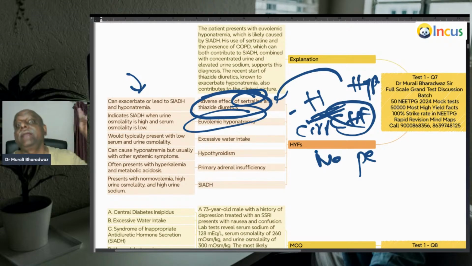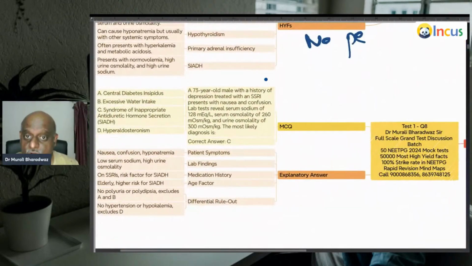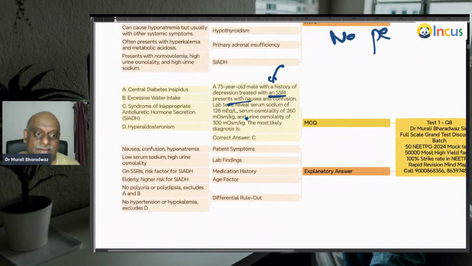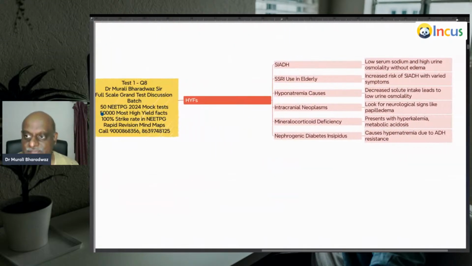In a euvolemic individual, hyponatremia is SIADH, is what you need to remember. A 73-year-old with a history of depression treated with SSRI. Once more, it is syndrome of inappropriate ADH secretion.